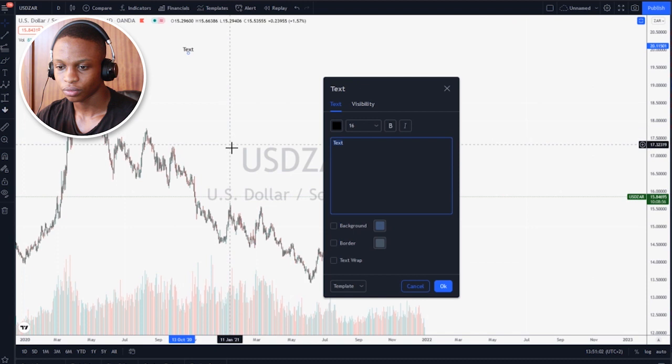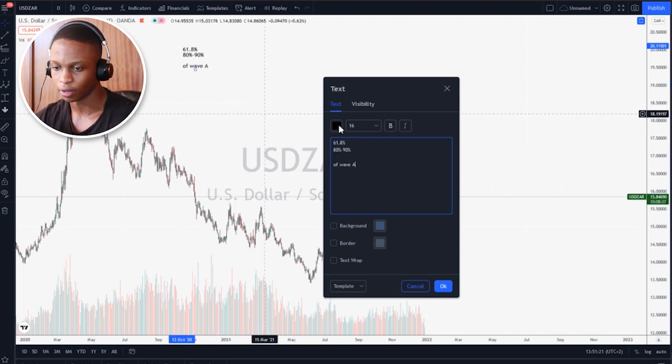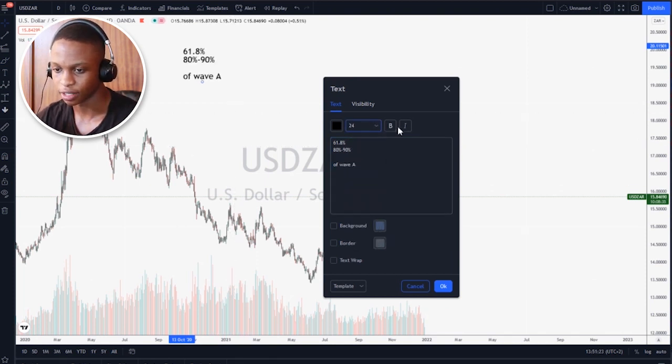So in some cases, B leg is 61.8%. In most cases, it is 80% to 90% of wave A. Right, so let's just keep that nice and bold and big at the top.